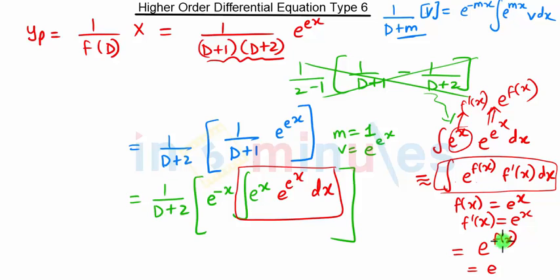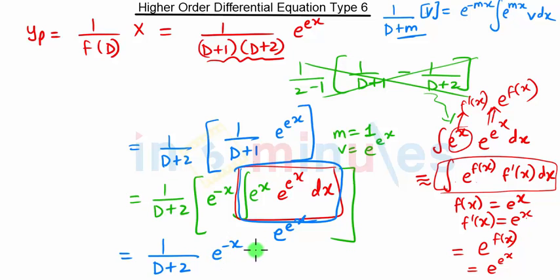In our case, f of x is e raised to x, so this integration is e raised to e raised to x. So we are left with 1 upon D plus 2 into e raised to minus x into e raised to e raised to x.